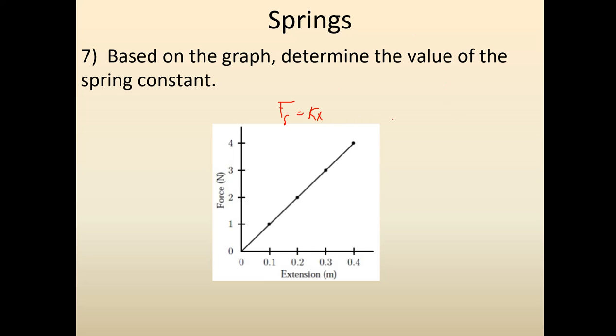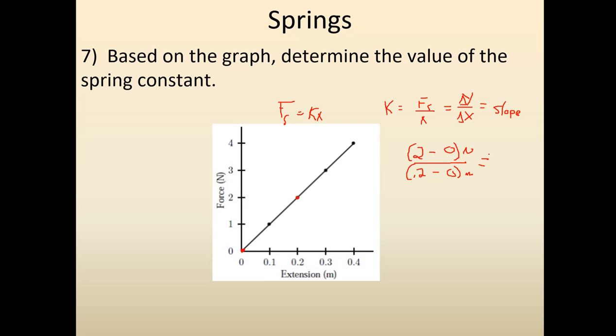So what I would do is if you rewrite this equation, solving for k, you would see that you're basically dividing the y value by the x value, which is just another way of doing slope. Because remember, slope is just change in y over change in x. So if we do that, I'm going to pick this point and this point. So I have 2 minus 0 newtons divided by 0.2 minus 0 meters.